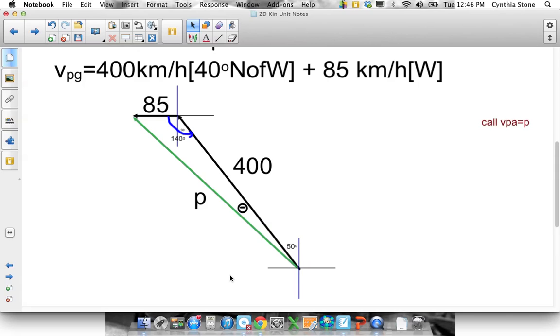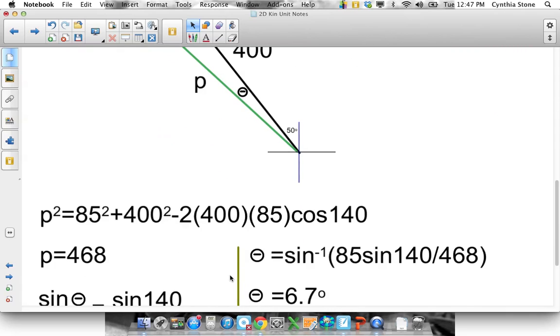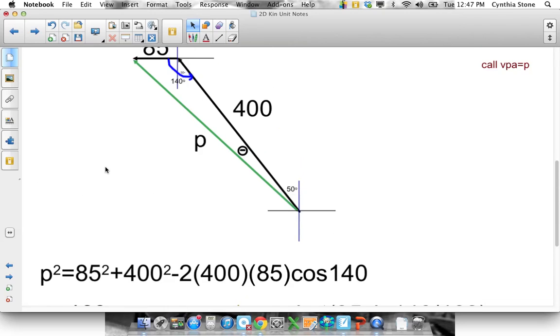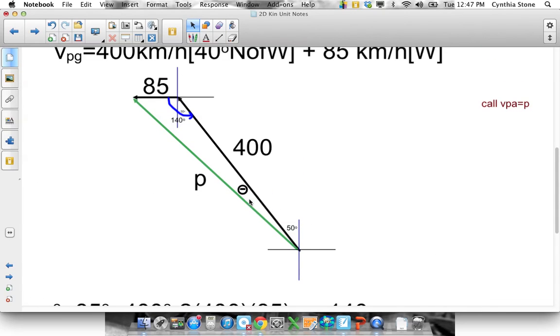You can look at this and see it's clearly an example of cosine law and sine law. Coming down to the cosine law, solve for P: 468 kilometers per hour. Now let's look at the angle. We're going to find this angle here, and then the direction of P will be this plus this, degrees west of north.